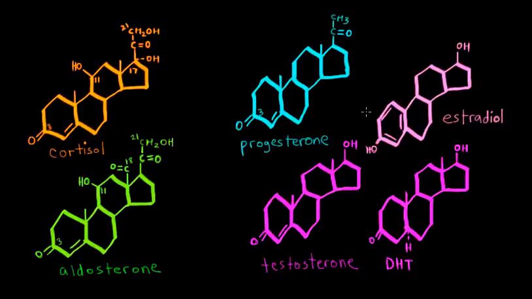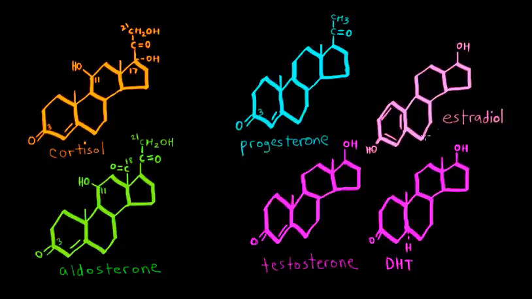And then finally for estradiol as our estrogen example, you can see that it looks very similar to these androgens, except that in this A ring, there's an aromatic ring. There's no double bond anymore, and there's a 3-hydroxyl group. And I lost a carbon.